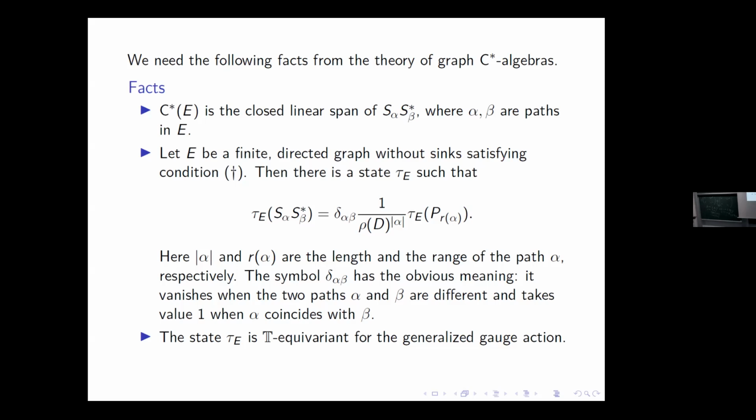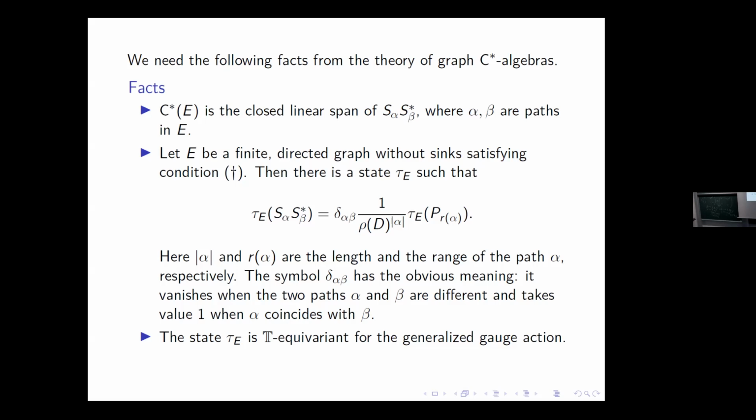So mod alpha is the length of the path alpha, how many edges occur there, and alpha is a sequence of edges. So there is a last edge, and R alpha is called the range of the path alpha, and the symbol delta alpha beta has the obvious meaning. When the paths alpha and beta are equal, it is 1, and if they're different, it is 0.